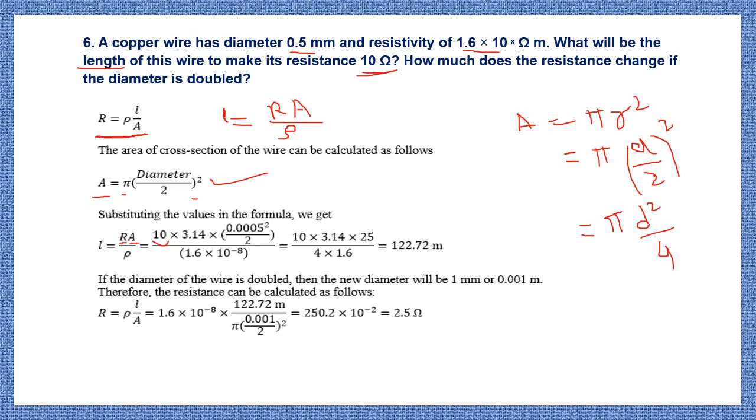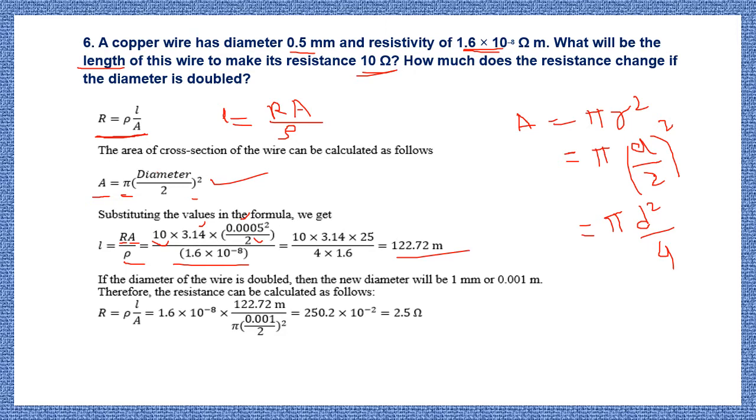Value of A. What will A be? Pi D upon 2 whole square. So pi and D upon 2 whole square. Okay. And now rho. The value of rho is given over here. And now you solve it, we will get it over here. So the first half of the question is solved.